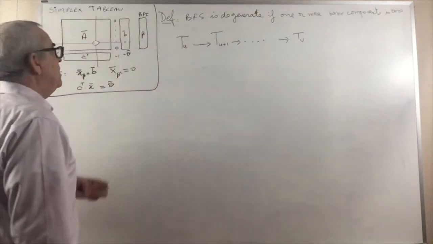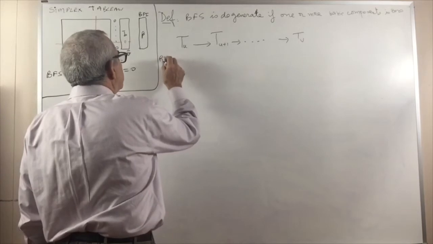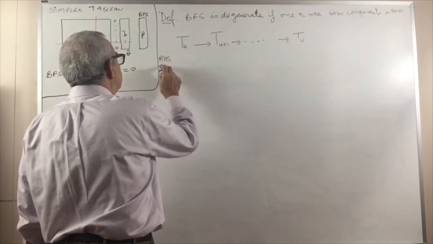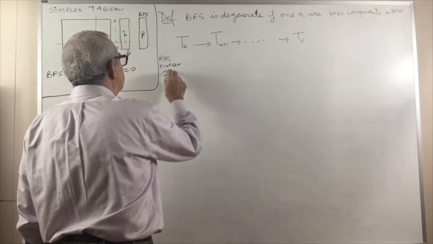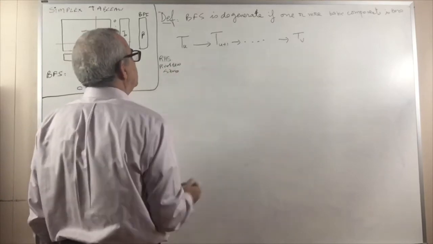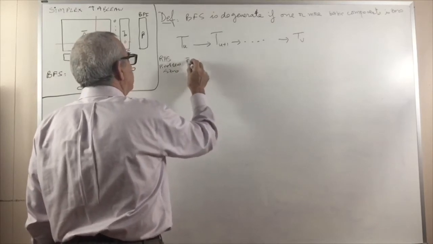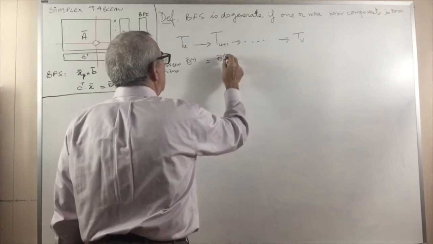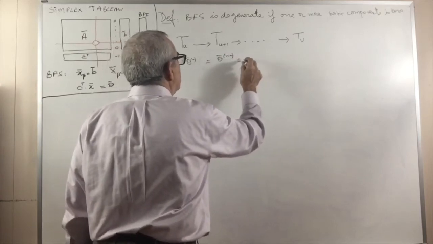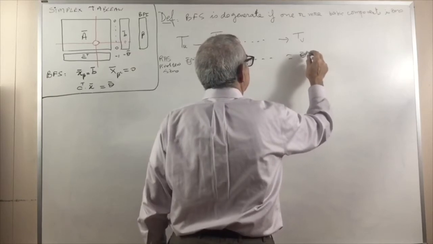And let's say the right-hand side of the pivot row is 0 in all these iterations. Then you're going to have theta bar, which I'm going to index by u, equal to theta bar of u plus 1, etc., equal to theta bar of v.